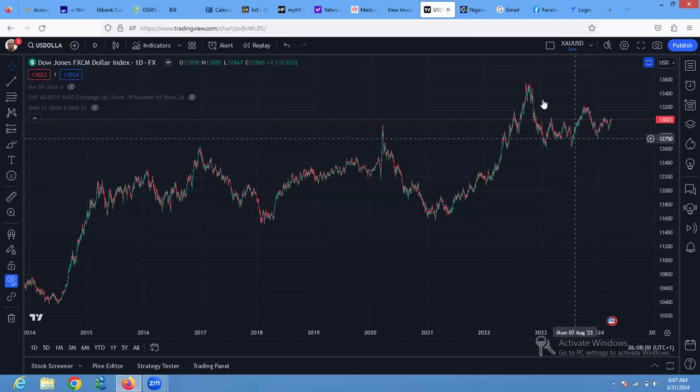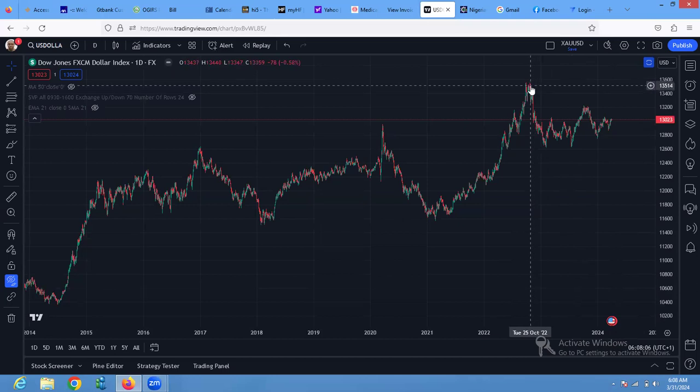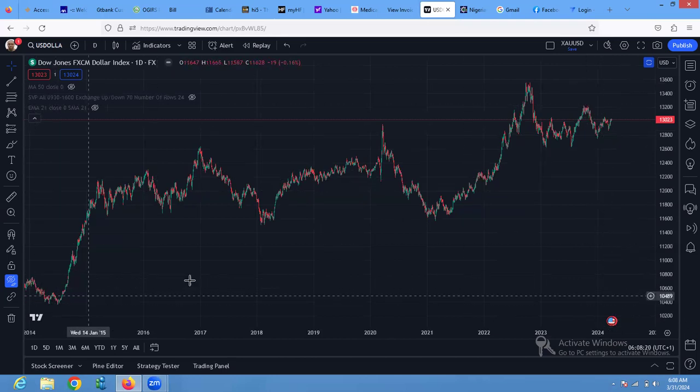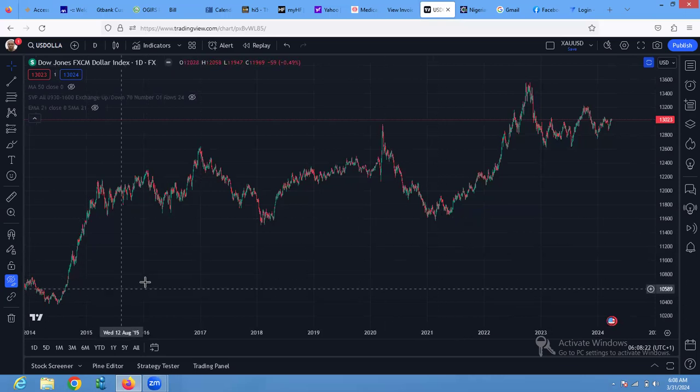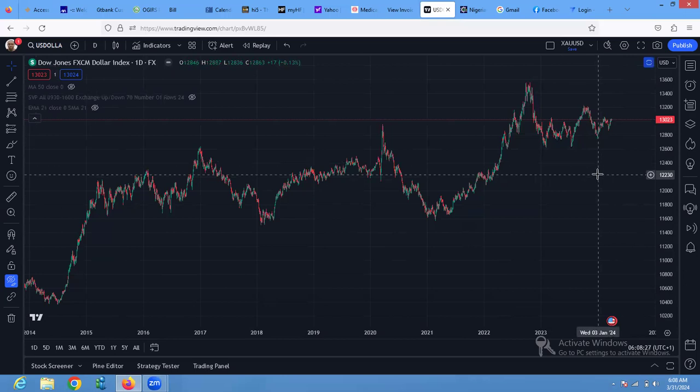But for now, what we are seeing is a correction on this daily time frame. So far we've had this and this to the upside, and at least we expect an equal leg of this movement, up here, down here, at least to test this trend support on this larger time frame. So we'll be monitoring that when that happens.